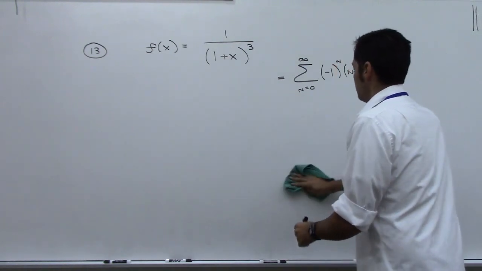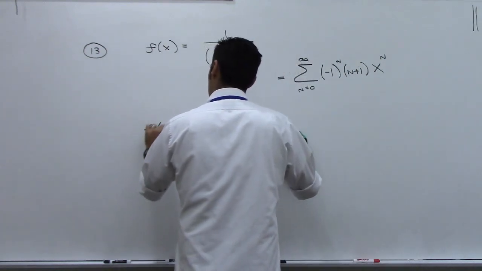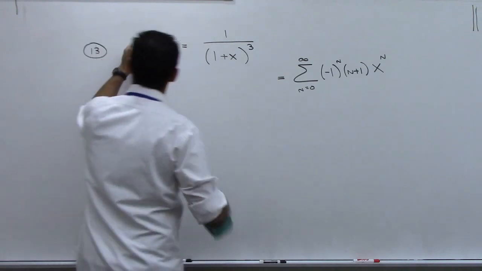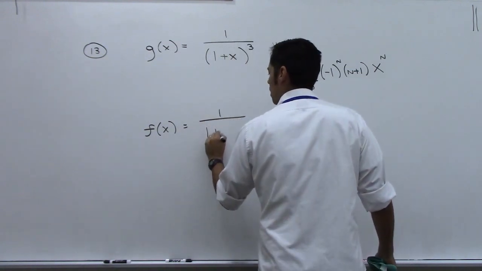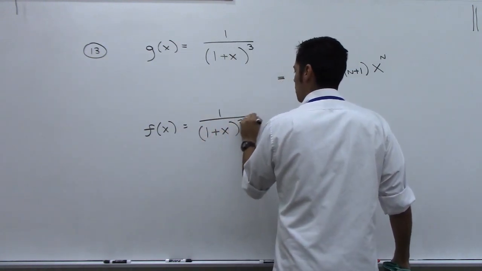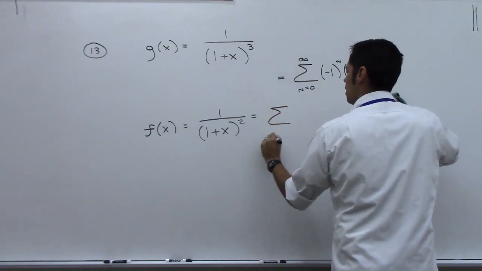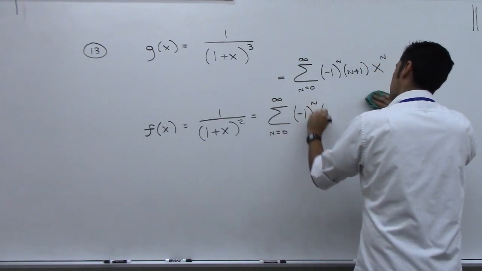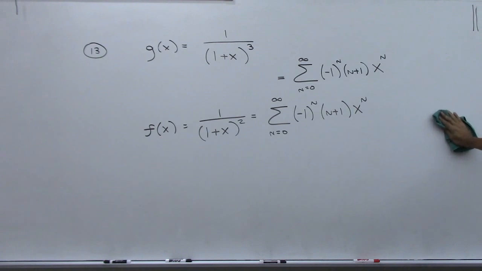We just determined that if we have a function, let's call this g instead. We know that the function 1 over 1 plus x squared, which is the one we just worked out, was this power series, equals sum n equals 0 to infinity, negative 1 to the n times n plus 1 x to the n. That's what we know.